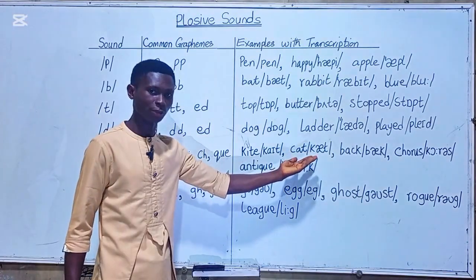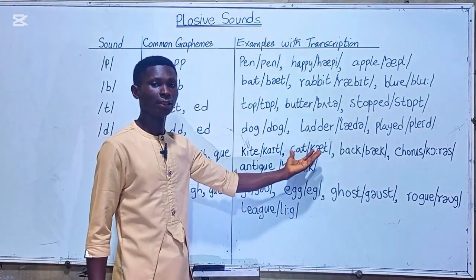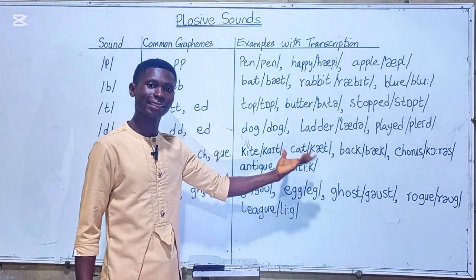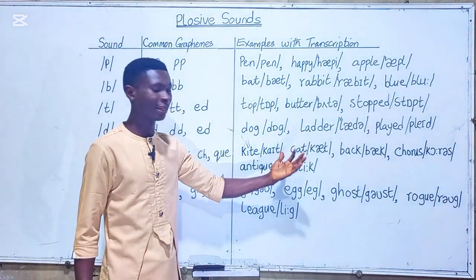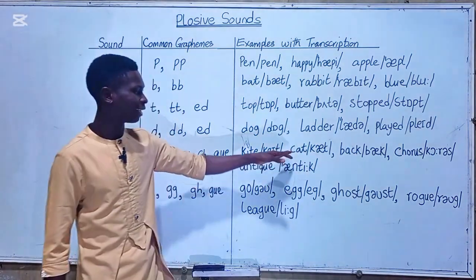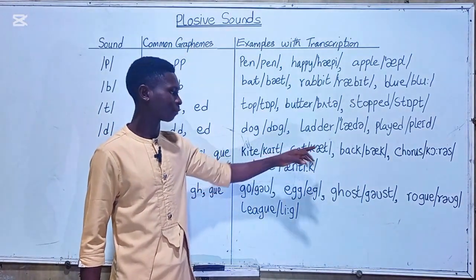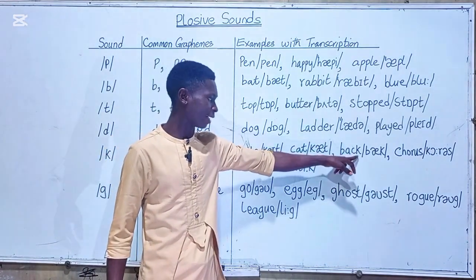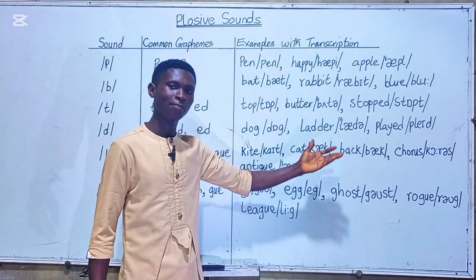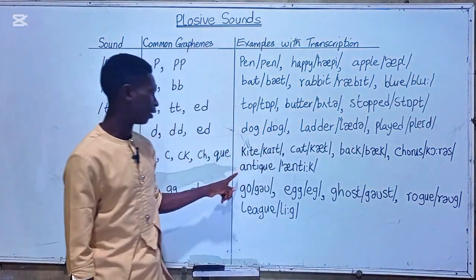In some situations, or I can call it context, because there are different contexts, you can realize letter C as S, because it is either realized as S or K. But in this case, we have the K sound in place of C. Also in CK, we have other words in this manner, like pack, so on. Then chorus, and then antique.